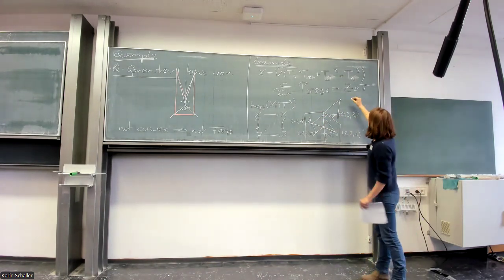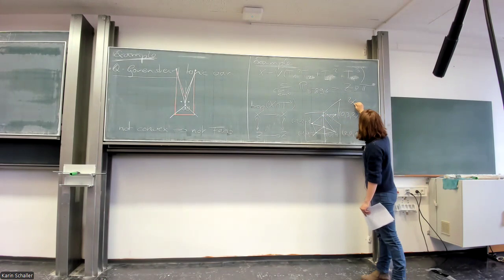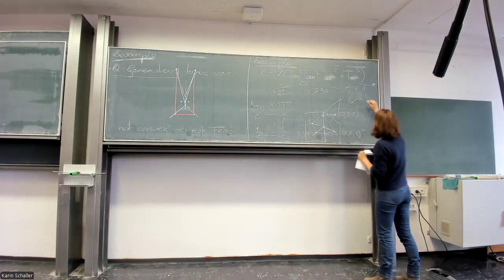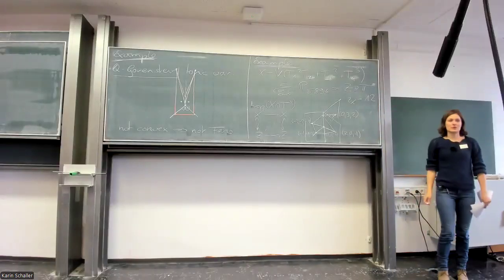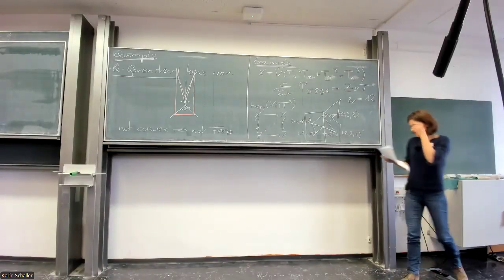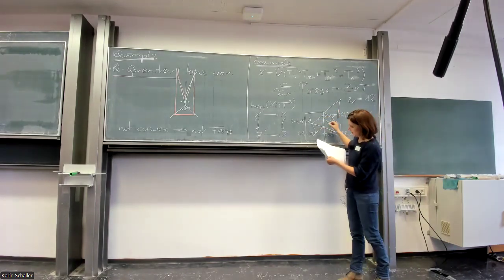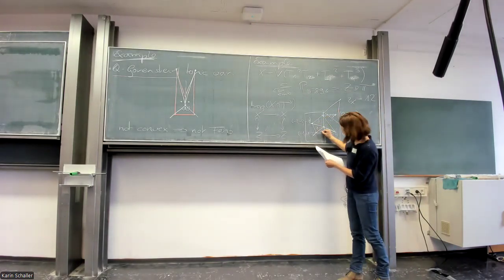And in this example, we calculated it, and here it is equal to 12. And this facet has lattice distance 3, this one has 1, this one has 4.